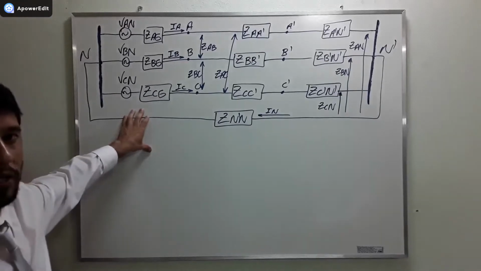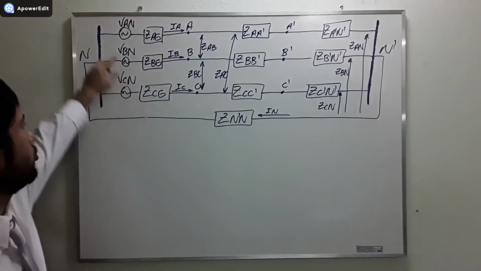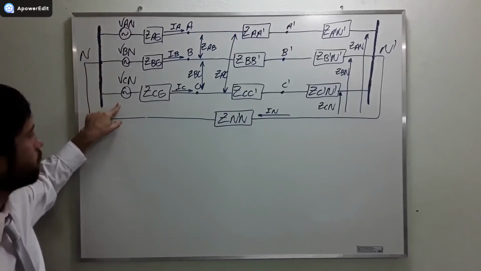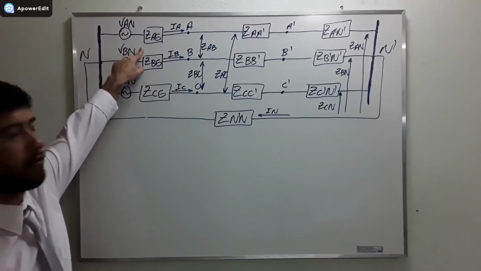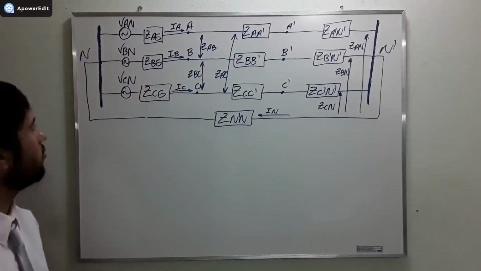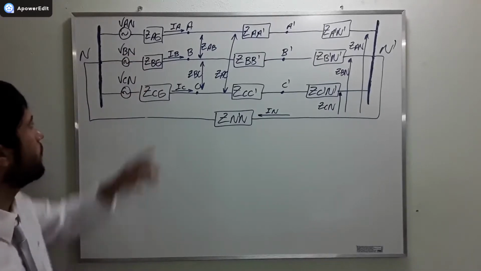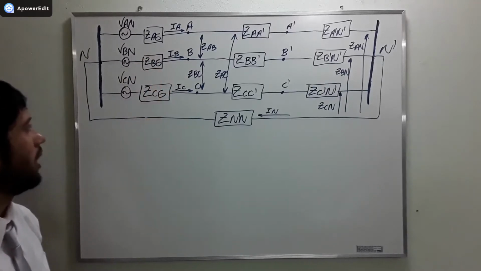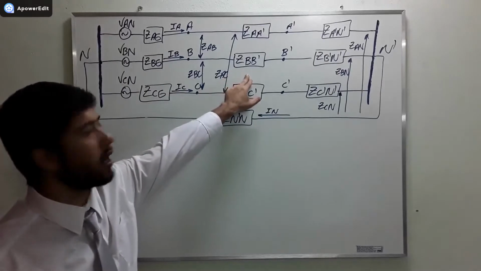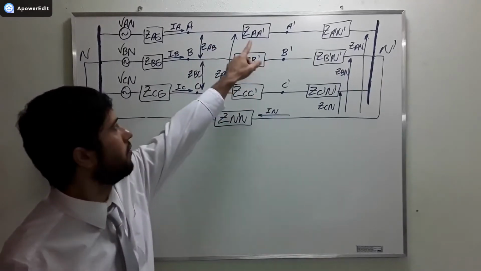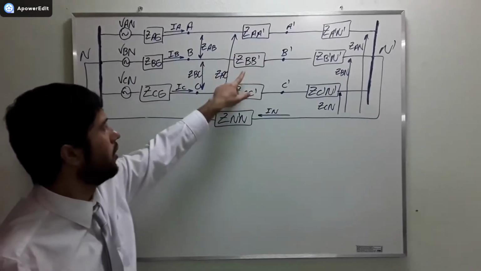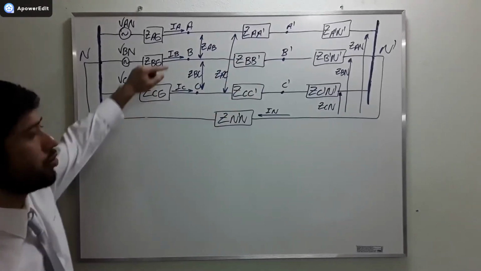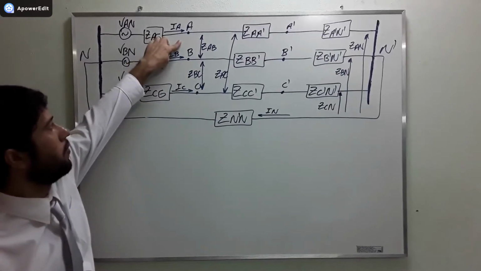Here we have modeled the generator as three power supplies, VAN, VBN and VCN, and three impedances that represent the copper wires of the generator, ZAG, ZBG and ZCG. Here we have modeled the transmission line as series impedances ZAA', ZBB' and ZCC', and the mutual coupling between them.